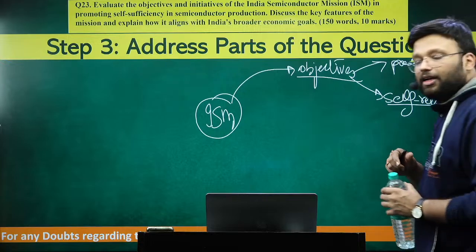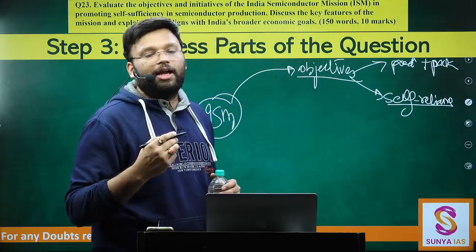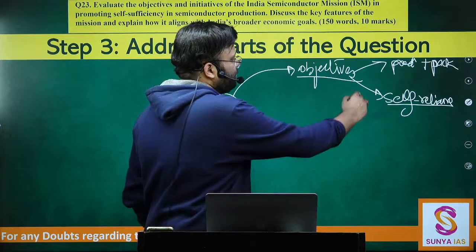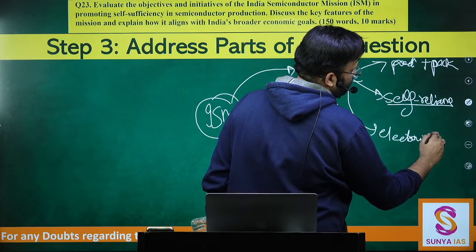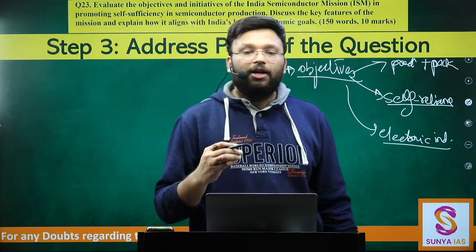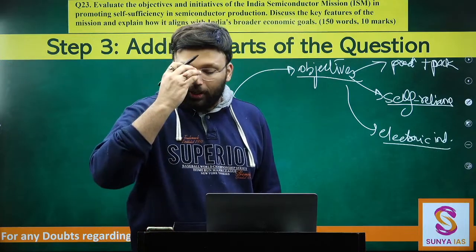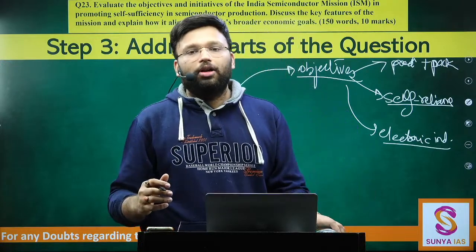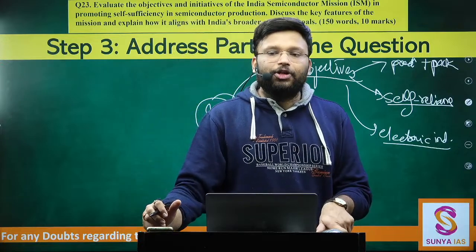What is the other important point? That India is looking to also enhance the production of the electronics industry. What do we mean by that? We are looking to manufacture a lot of smartphones in India. You must have seen how the government is emphasizing a lot on manufacturers like Apple to produce in India.